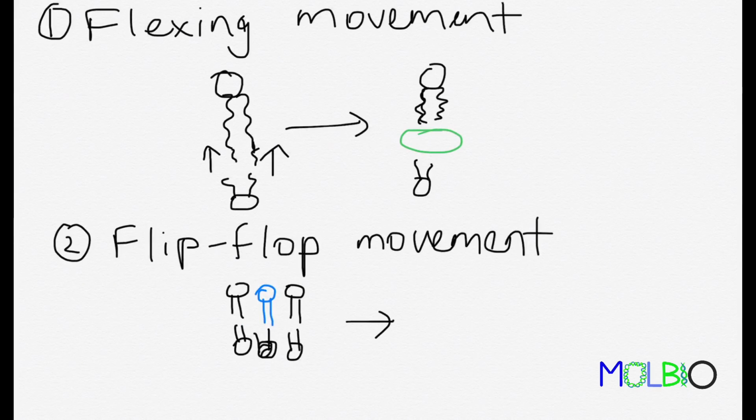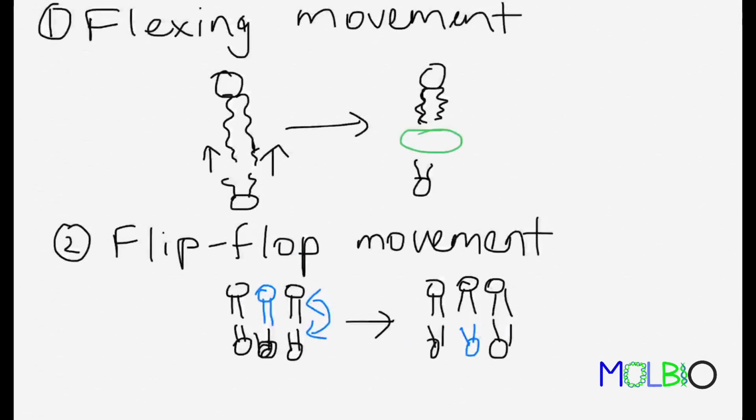It has been shown that sometimes we can end up in a configuration where the two lipid molecules will just swap their position. It's just that these two lipid molecules can swap their position anytime.